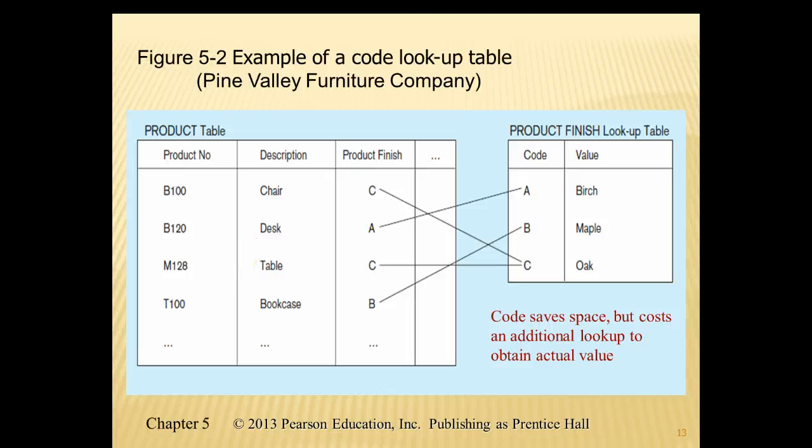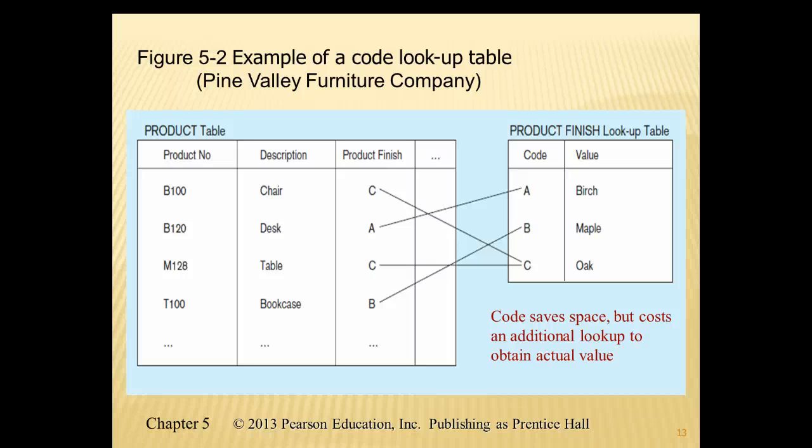This is table 5-2 on page 212 of your text, and this talks about some steps that might be used to save space, but there might be other costs involved. If you might recall from a few other chapters, we had a table where we had the types of furniture, and then the actual product finish was contained in the table.